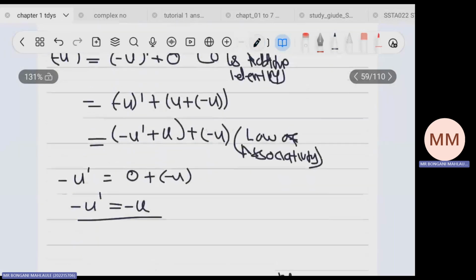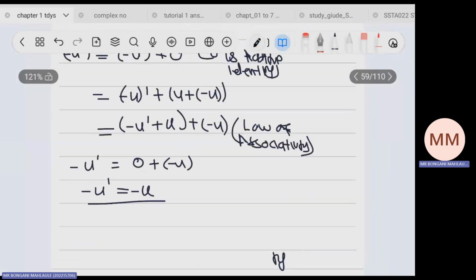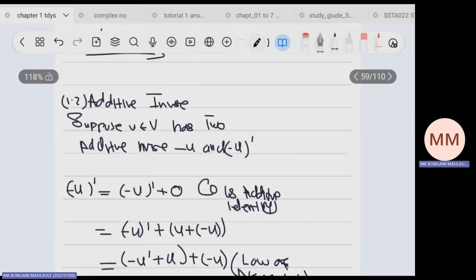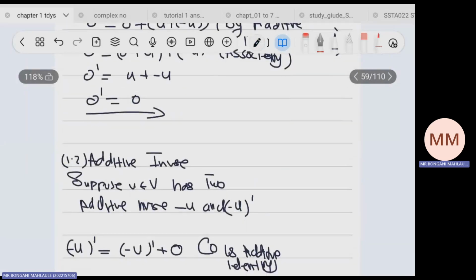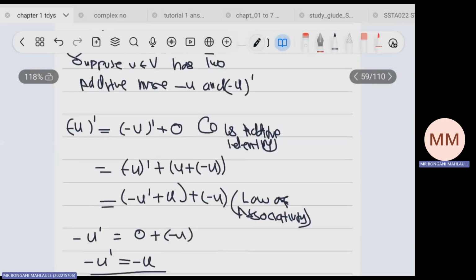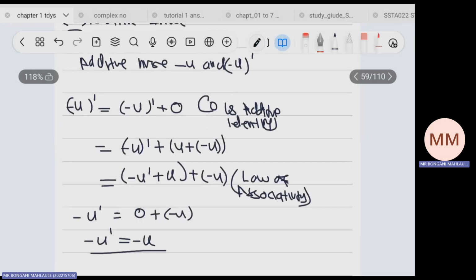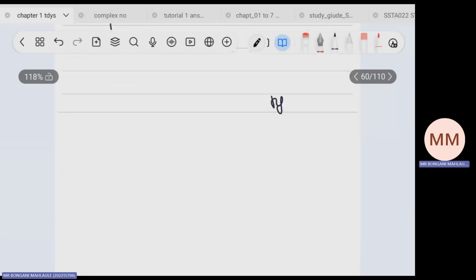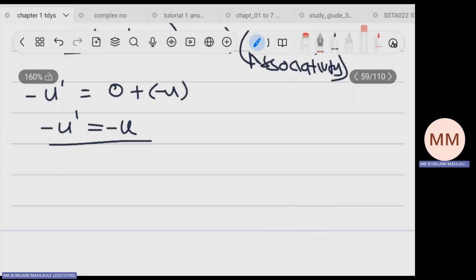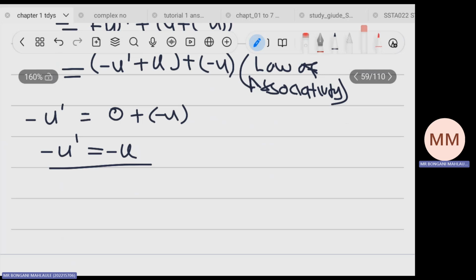Let me see what happened. What happened here? Okay, for now I'm going to leave it. I'm going to leave this property here. I think I will have to explain why I wrote it. So we'll check it.